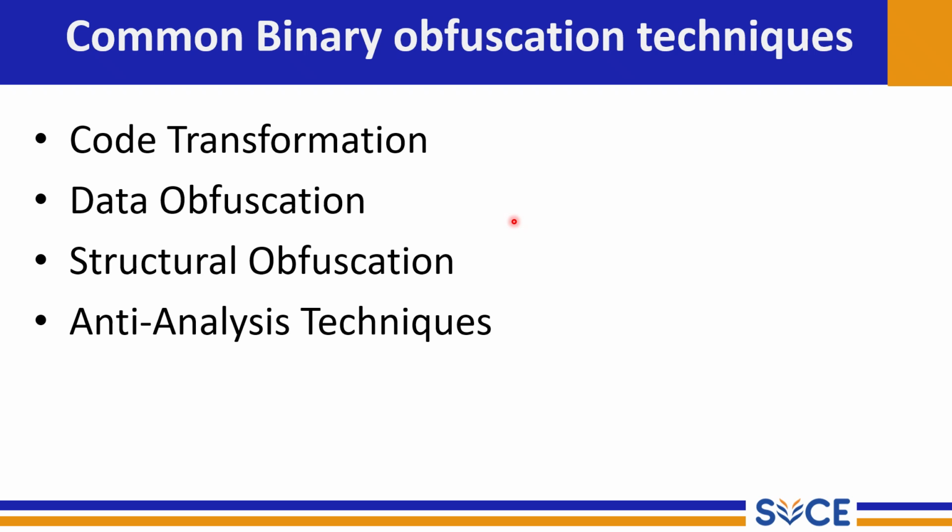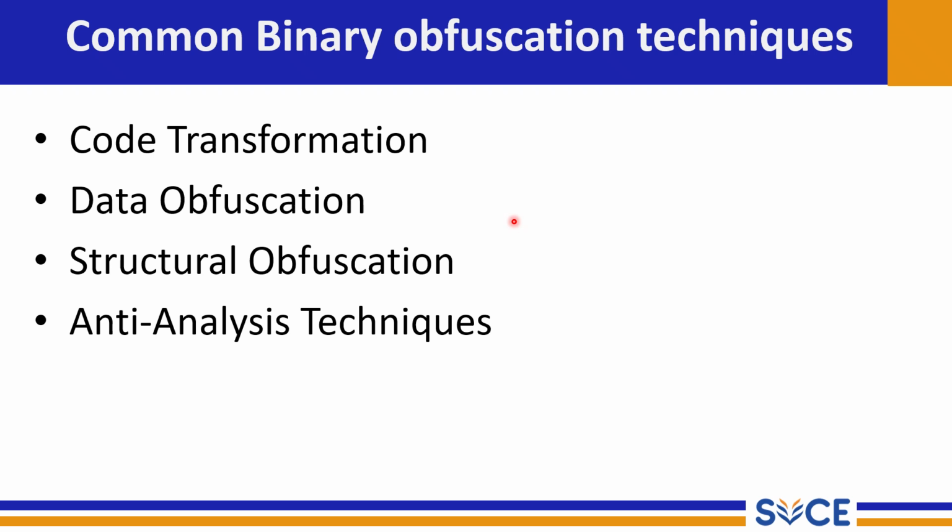So here, representing data values in a non-obvious way to hinder static analysis. Okay, so what is meant by a non-obvious way? For example, breaking a constant into multiple parts that are combined at runtime. Okay, all of that comes under data obfuscation.